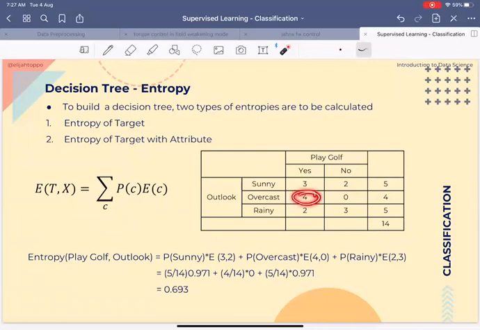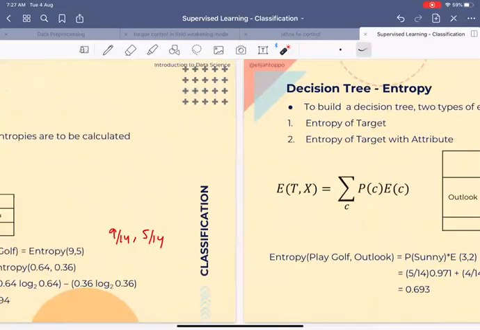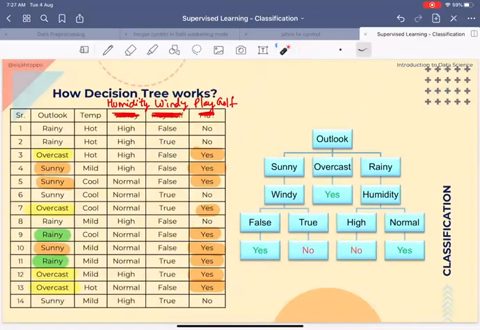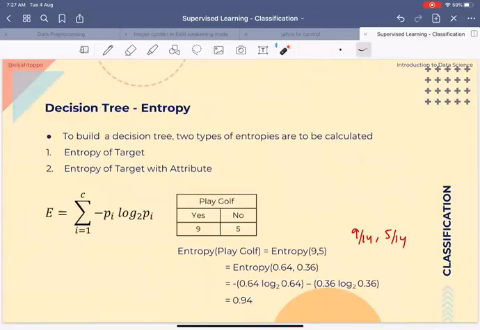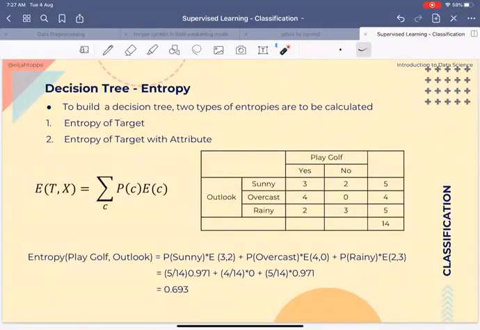This one class is yes. This is the reason why, whenever we have a case of overcast from Outlook, we can clearly say yes. We don't have to check any other variables, because after overcast we get a pure set, or a leaf node. But here we are trying to evaluate numbers, so this is what we get.